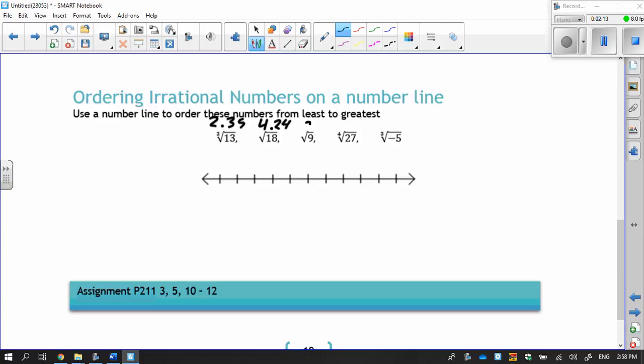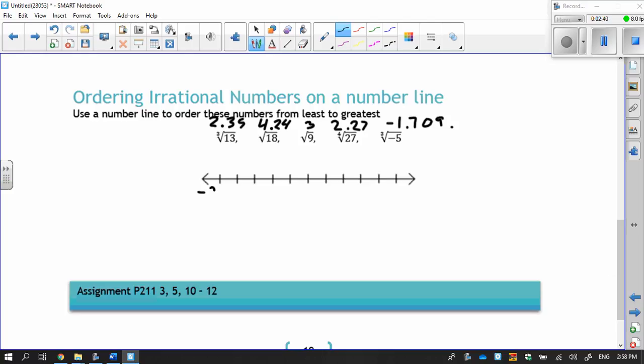The square root of 9 is 3. The fourth root of 27 is 2.27, and the cube root of -5, because we are allowed to take cube roots of negative numbers, is -1.709.